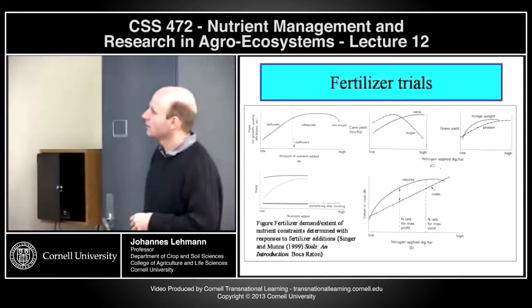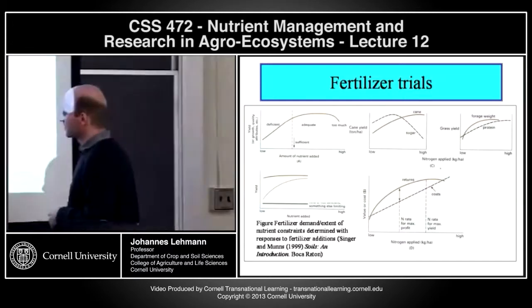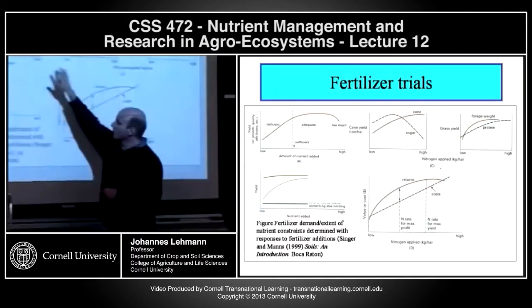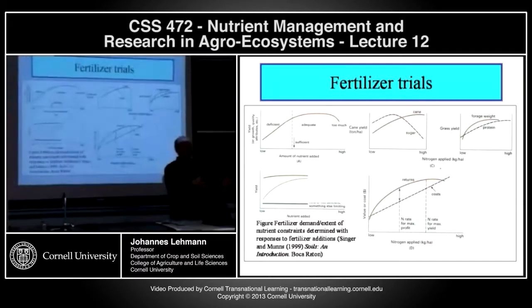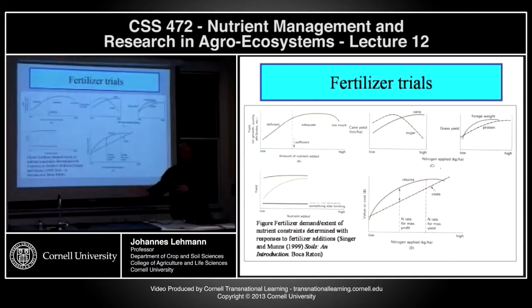Additional strategies and ways of thinking about additions: we of course not only add a certain amount, but we also have the option to add a little bit more, or a lot. And very often there's a response curve.